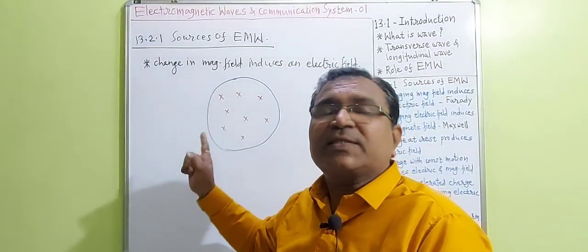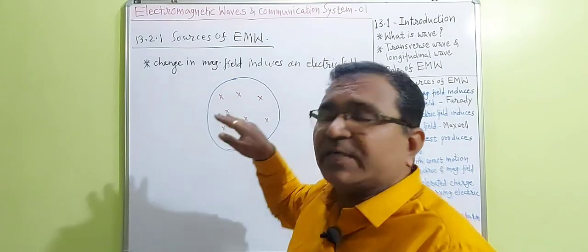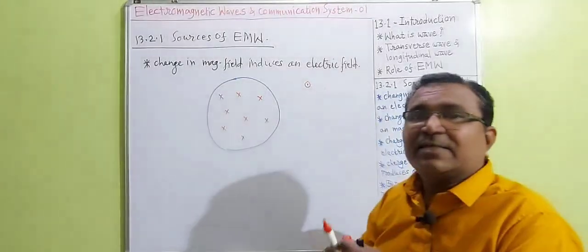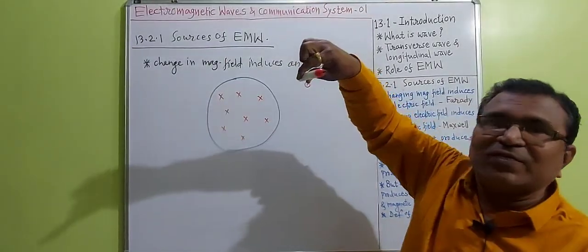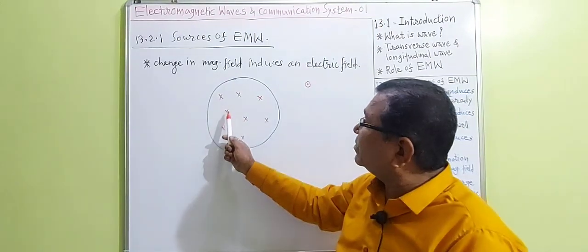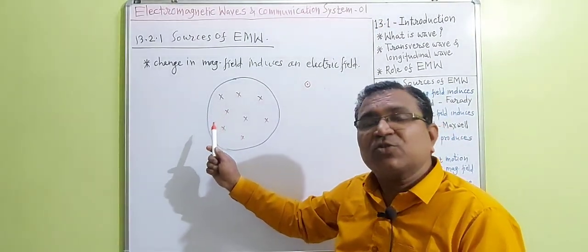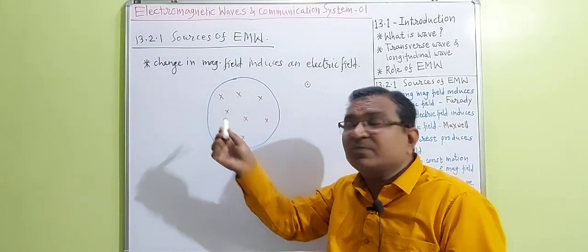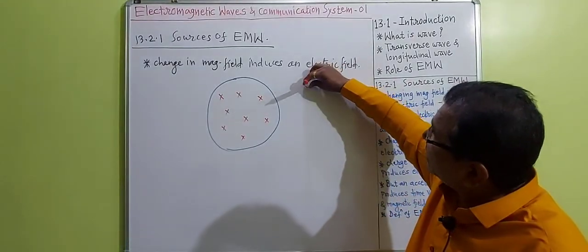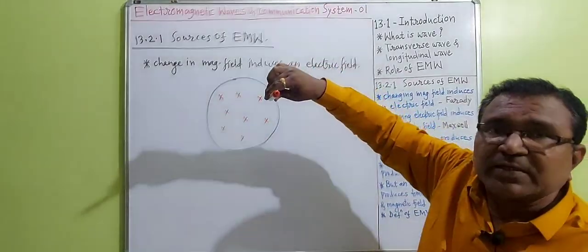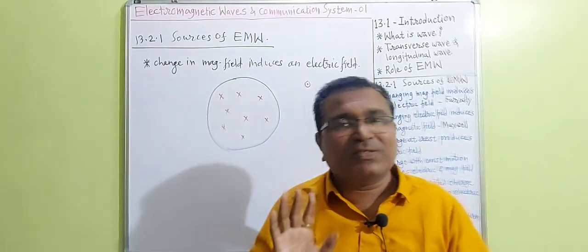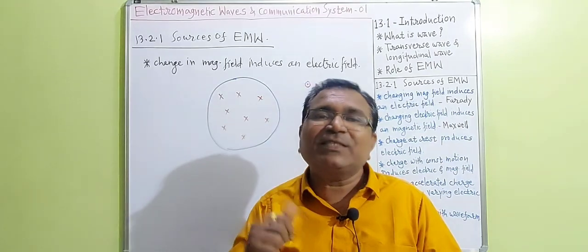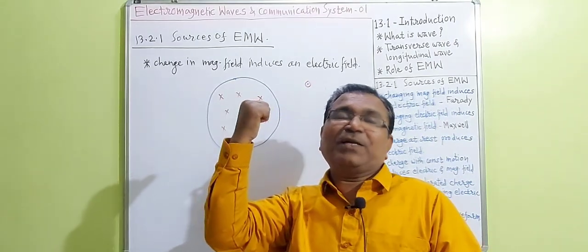And if we write a dot like this, the direction of the magnetic field is directed outward. This is the symbol to show the magnetic field directed inward, perpendicular to the board, and this is the symbol to show it directed outward. So I have shown a magnetic field which is directed inward, perpendicular to the board.